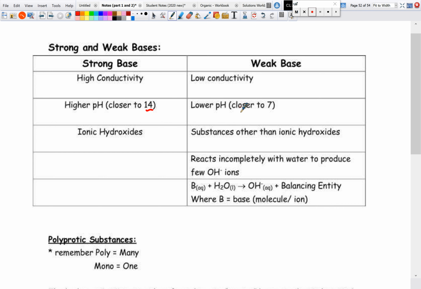Remember, our strong bases are all ionic or metallic hydroxides, whereas a weak base is a substance other than hydroxide ions, for example ammonia, carbonate, sulfate, and so on. There are a bunch of different bases that can be weak.